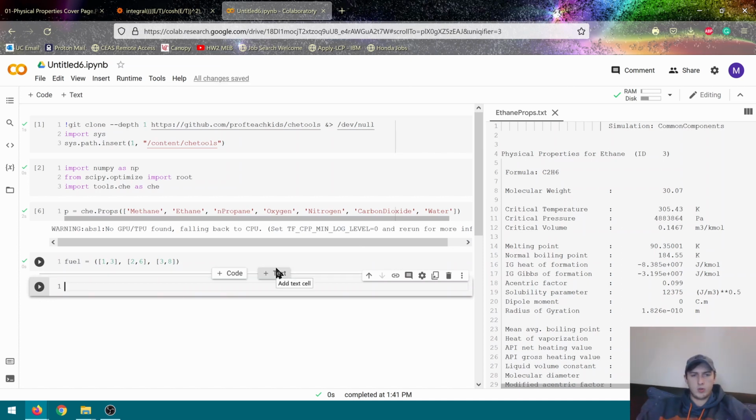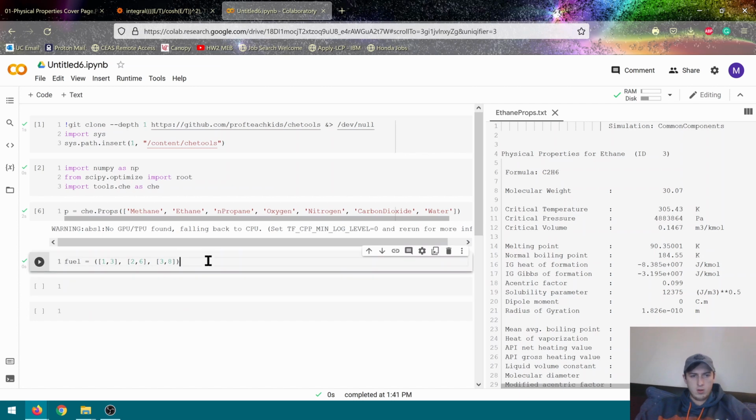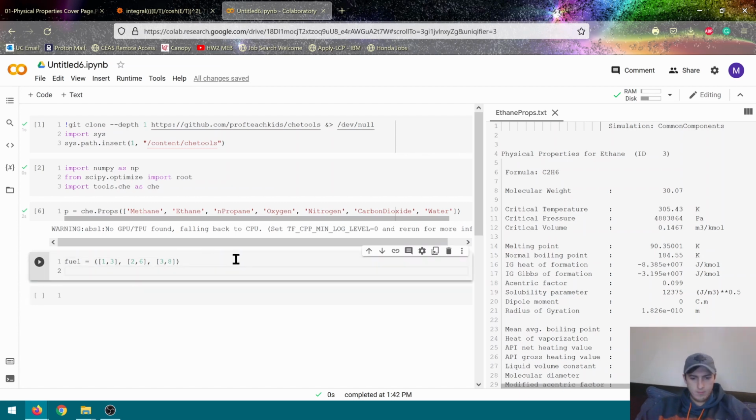Next, in order to solve for the number of moles, we're going to set the actual number of moles, so we're going to have 10, 1.5, 1.0.